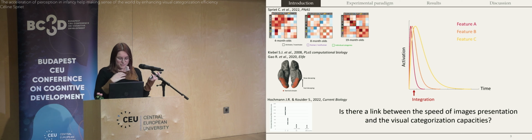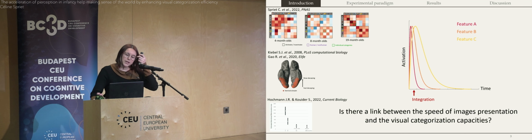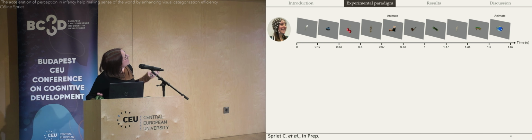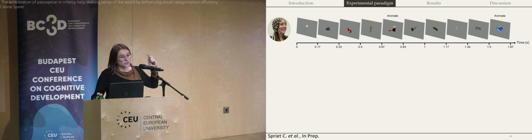And so to do so, we first tackled this question in human adults using the frequency tagging paradigm that we already saw today. So this is an example with a 6 Hz presentation. The principle of the frequency tagging paradigm is simply to show the images to a participant at a certain frequency rate, called the base rate.